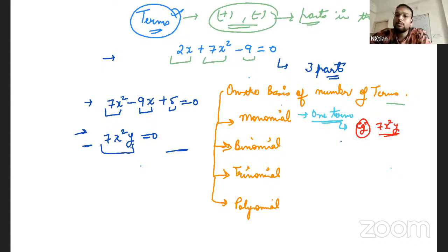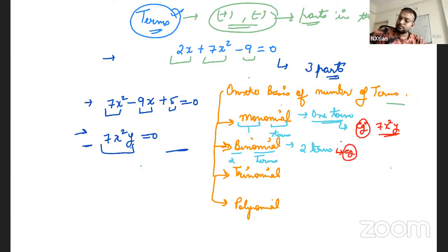Okay, guys, understood? Now, what is binomial? Binomial is two terms. Bi means two, nomial means term. In the same way, mono is one. So only one term is called monomial, and bi means two terms, then it is called binomial.